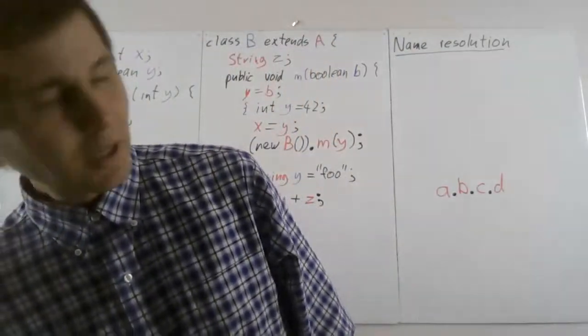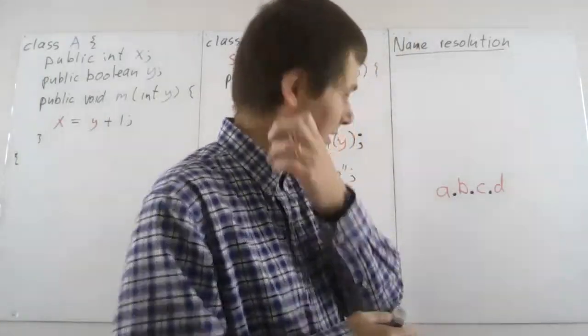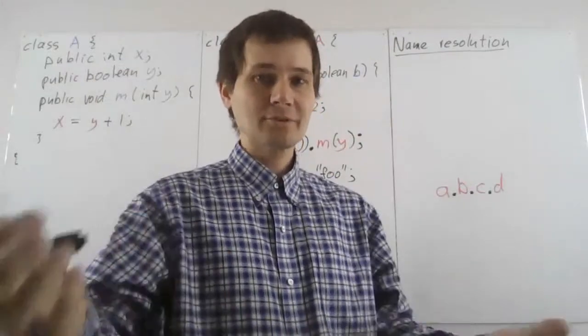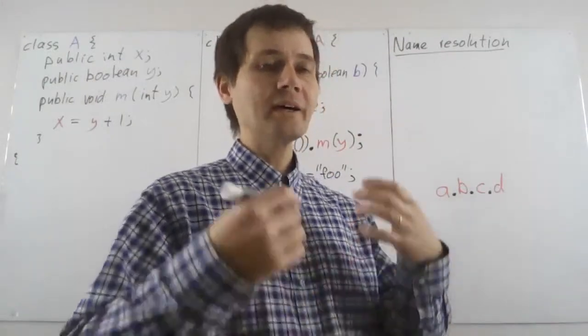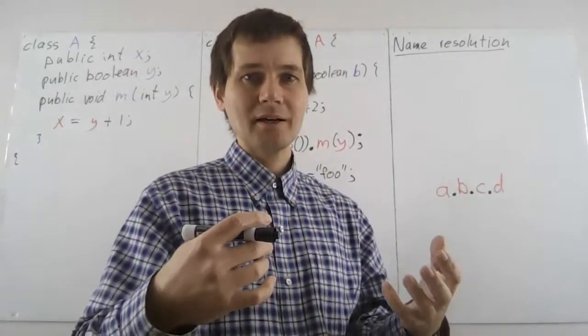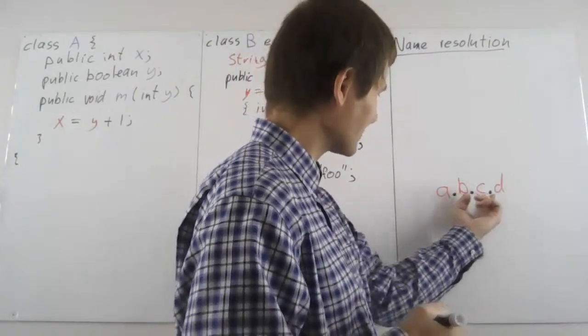Okay, so just as a warm-up for name resolution, right? You've parsed your Java program or your JUICE program. And now somewhere within your program, you have some code that looks like this.